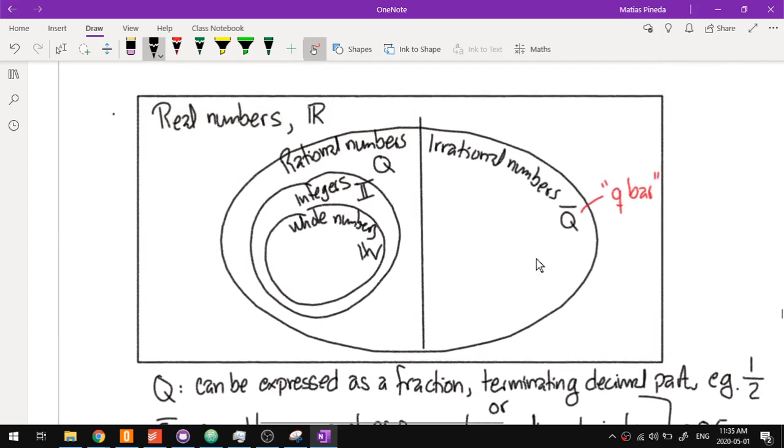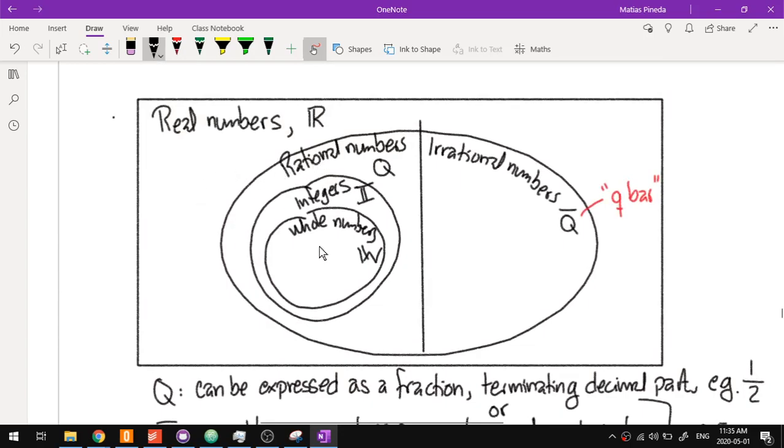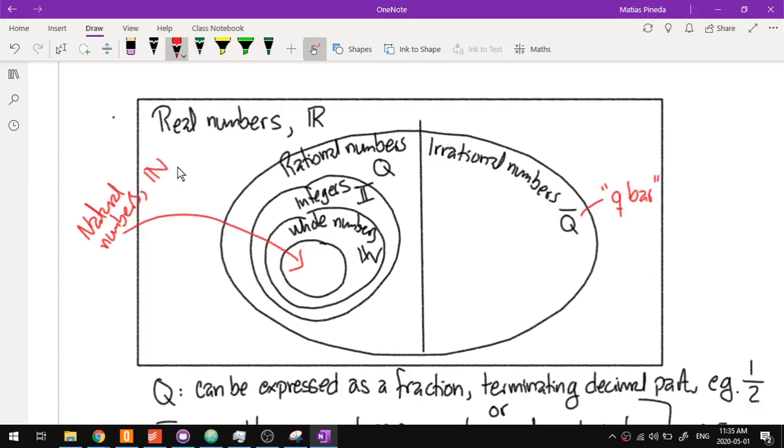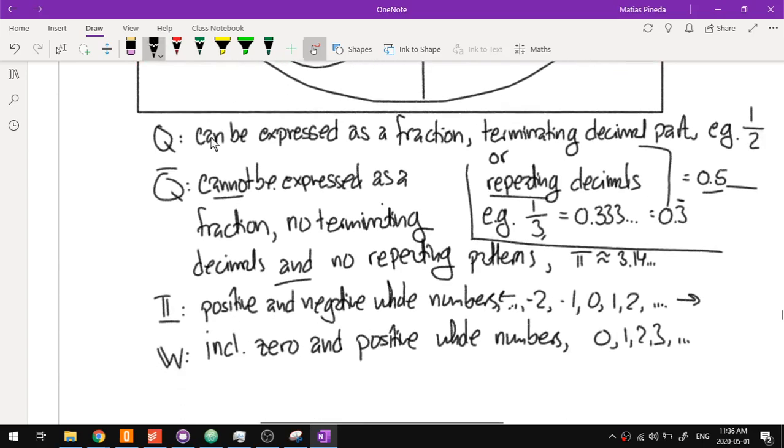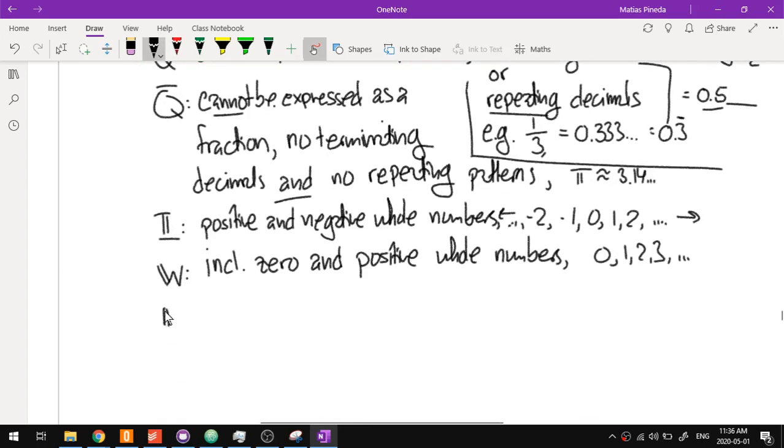And then finally, whole numbers can be subdivided into what's called natural numbers. So I'm going to have to do this on the side. These here are natural numbers. And natural numbers are often denoted with a capital N. And natural numbers are what's called countable numbers.